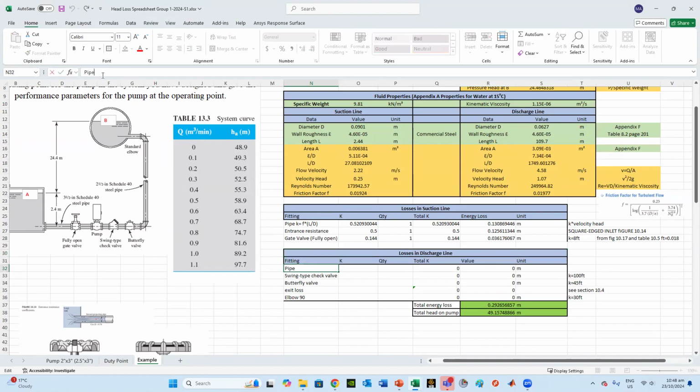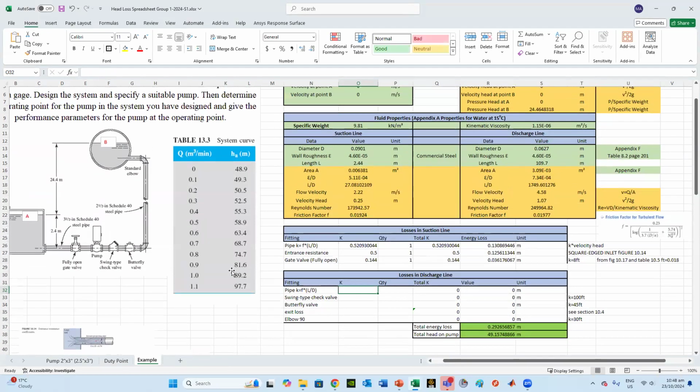Again, we could write this equation, so K equals F times L over D. It is again different from the other method, and that is the K, the resistance coefficient, and then you multiply that with the remaining values. So F, which one are we taking? We're taking the one for the discharge line.